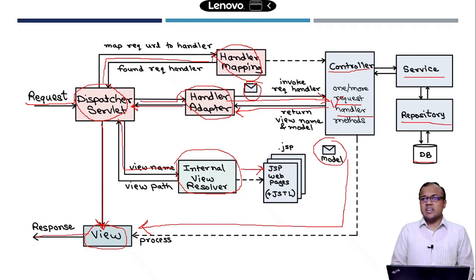This response is sent back to the client. This explains the complete flow of how a request is handled in a typical Spring Web MVC application.